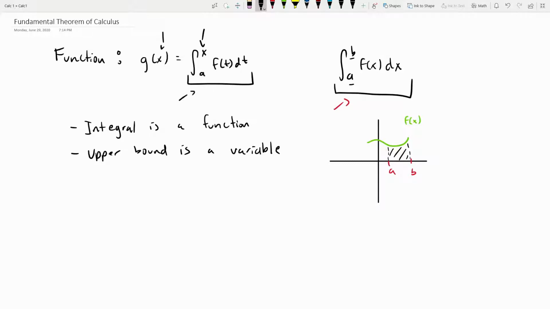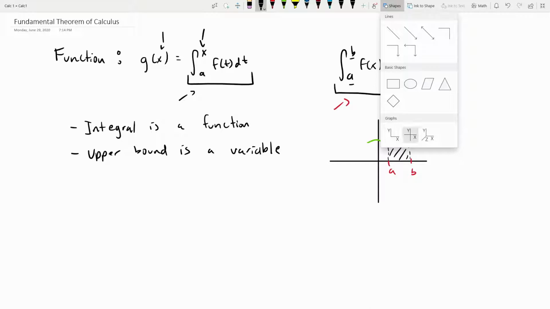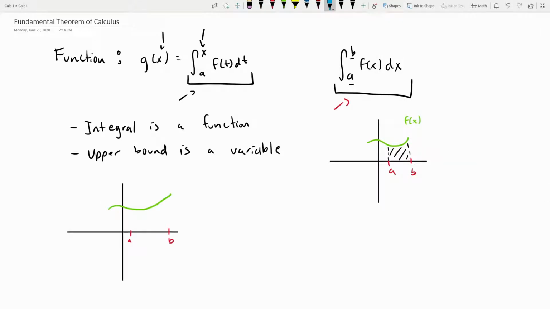However, if we look at this function now, what this is telling us is this. Let's say we have the same function y equals f of x, and now instead of having this definite b value that we had over here, let's say this b value is now the end of our interval. So now our upper bound is going to be x, and let's say x is somewhere here. Then our function is going to calculate the area under the curve up to this x.